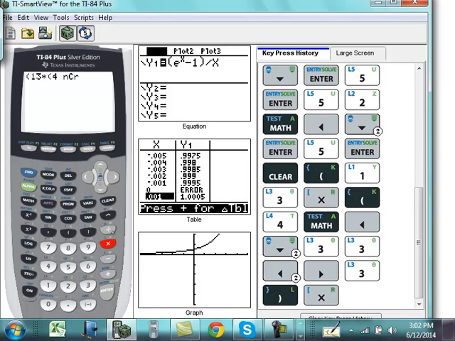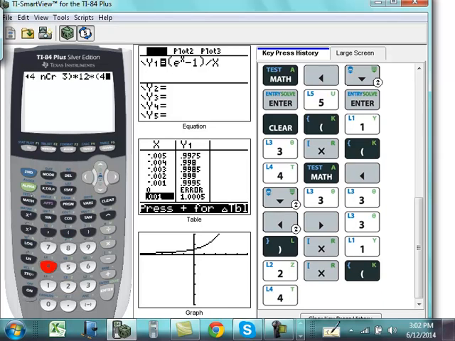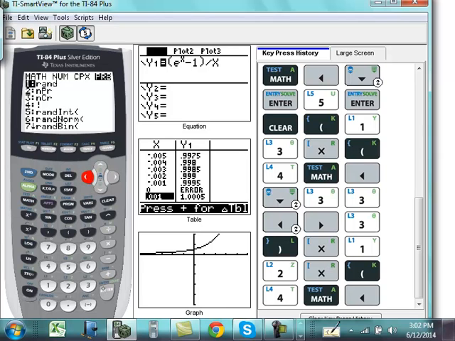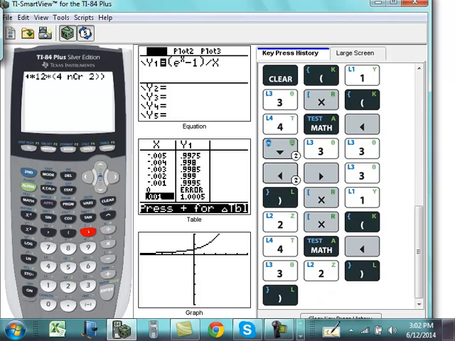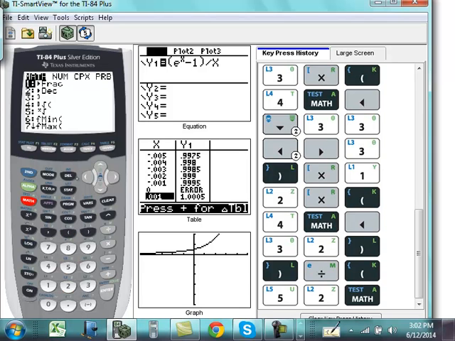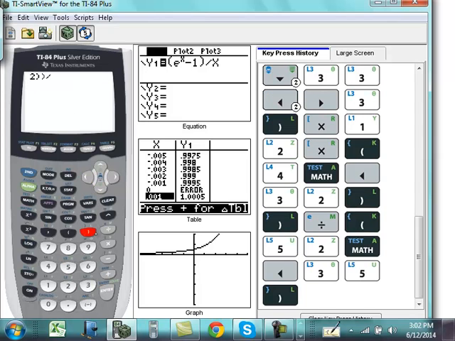And then times, and make sure you use parentheses, by the way, when you input your combination like that. Then times 12 times, open parentheses, 4 choose 2, close parentheses, divide by, open parentheses, 52 choose 5, close parentheses. Enter. And there is the probability of being dealt a full house. It's approximately 0.00144.